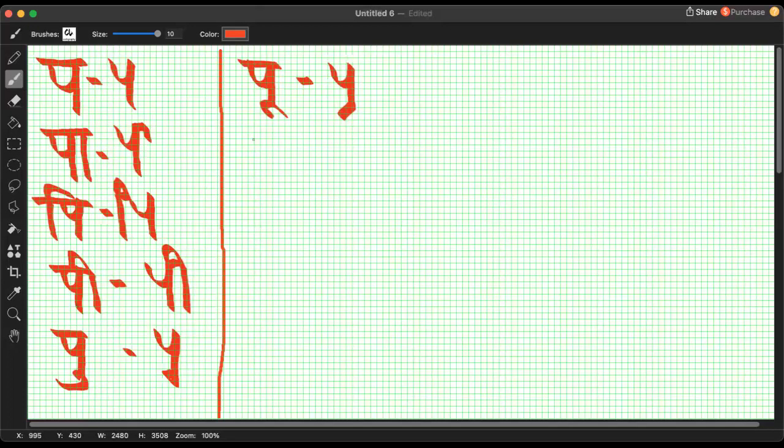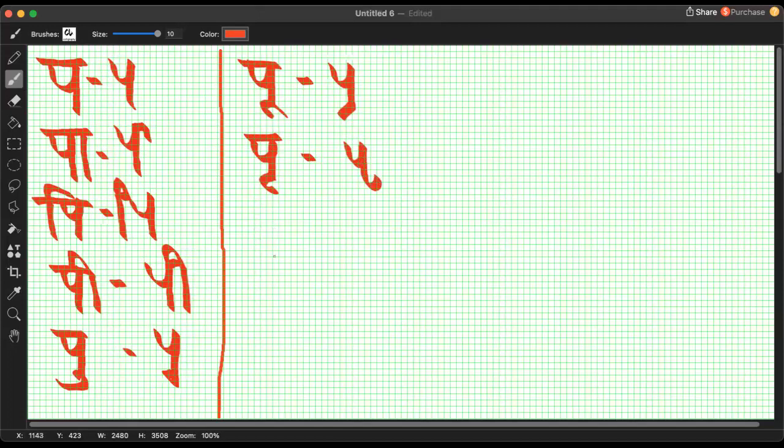Then we have Pru. This is Devanagari Pru. In Sharda, write P, and at the bottom, you write this R matra here. Okay, this is Pru.